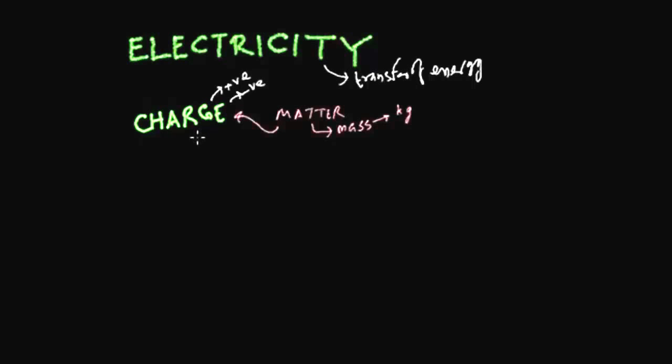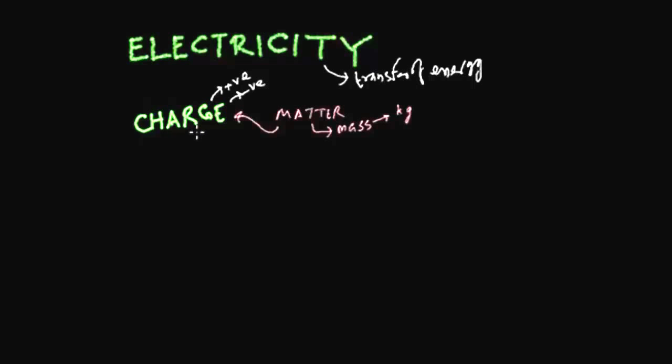Now later on, when we know about atoms, the positive charge is actually a particle called proton, and the negative charge is the property of a particle called electron. So when we talk about charge, we are talking about particles. Later on it was found out.